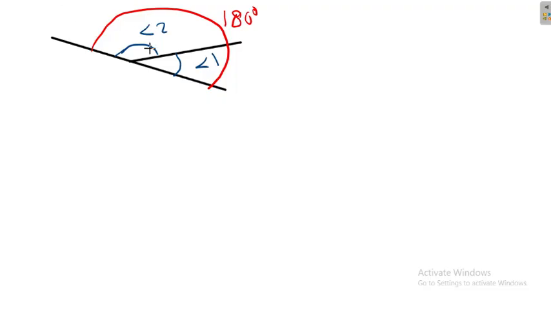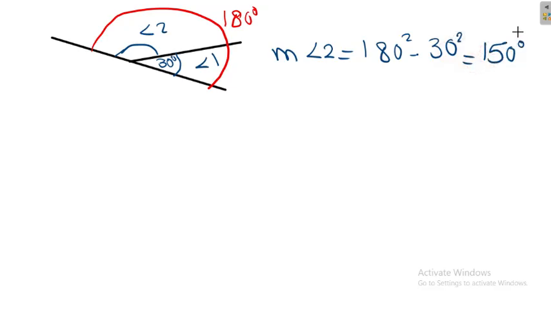So if this angle is 30 degrees, you can deduce that measure of angle 2 will be 180 minus 30, it will be 150 degrees. It's very simple.